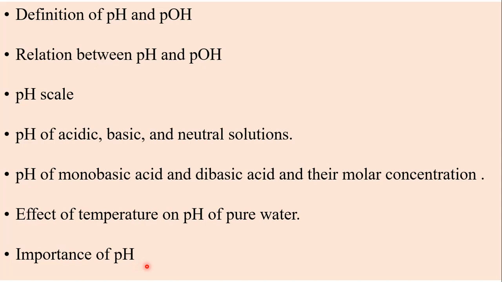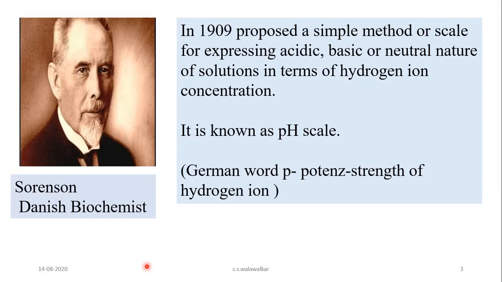Now let us study first the definition of pH and pOH. In the last lecture, we learned that pure water at 298 Kelvin contains equal concentrations of hydronium ion and hydroxyl ion, equal to 1 into 10 raised to minus 7 mole per decimeter cube.